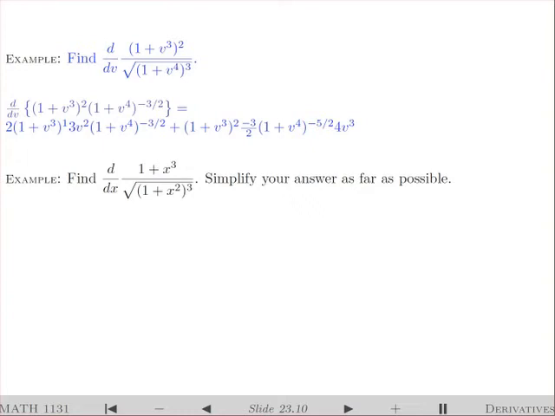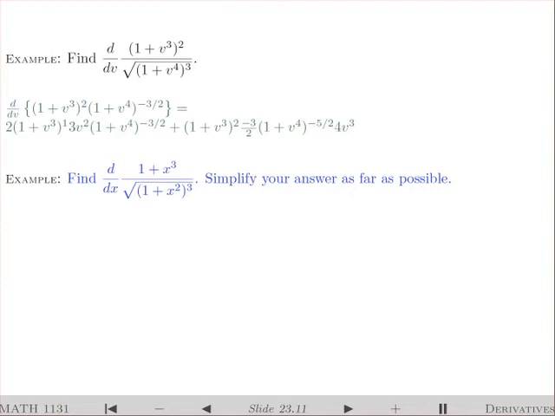Of course, sometimes we need to simplify, and in problems like this, simplification involves a bit of algebra that you may not have done very much of in high school. So let me just show you one or two of the tricks of the trade in simplification.